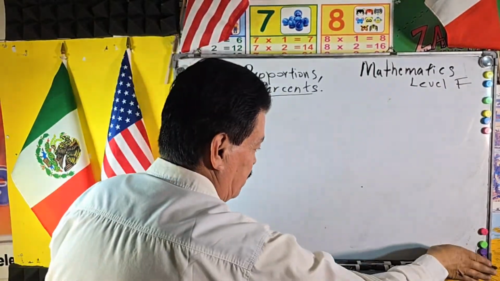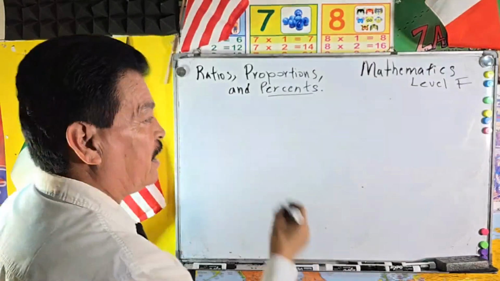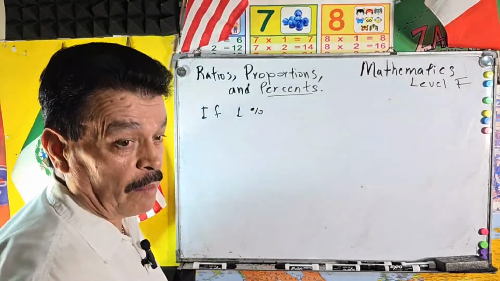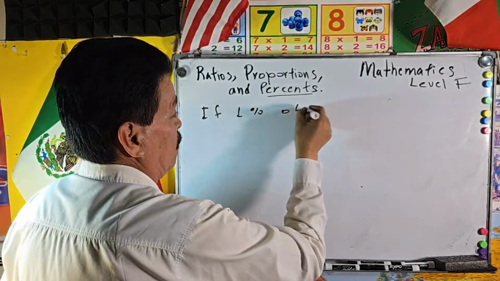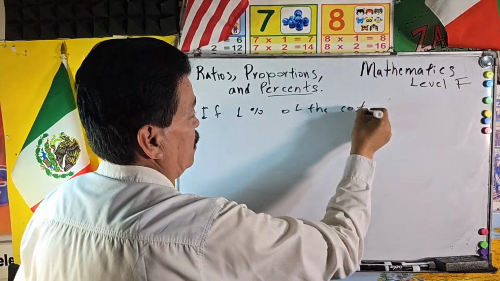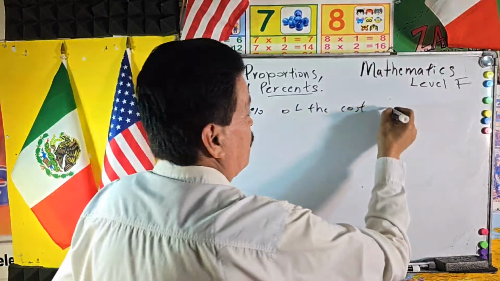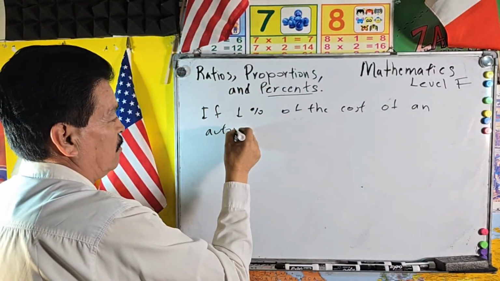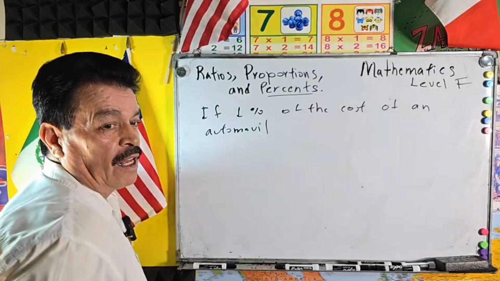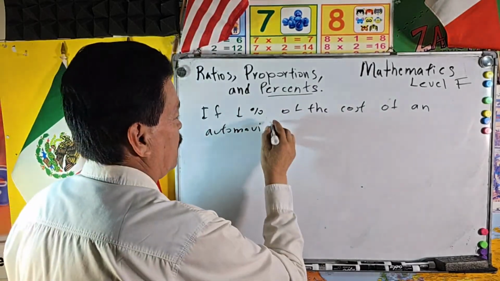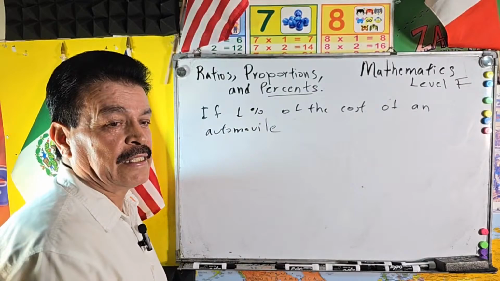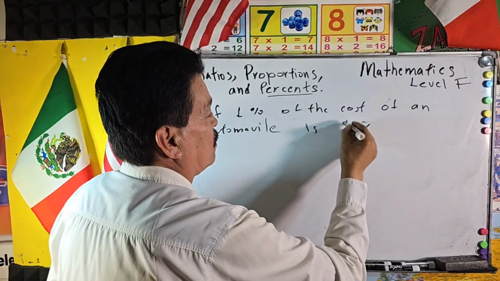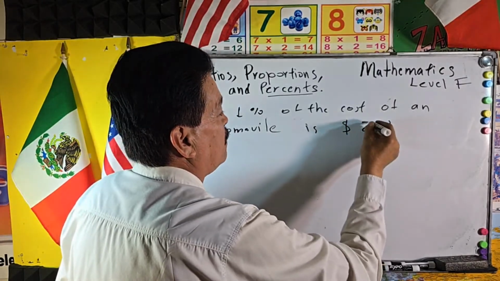Let's see another one. Let me show you another one. If 1% of the cost of an automobile or car is $261.